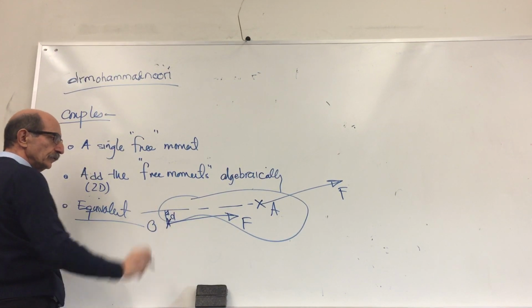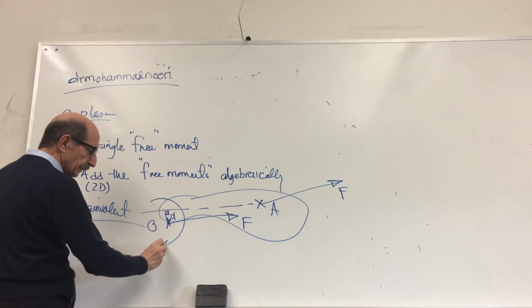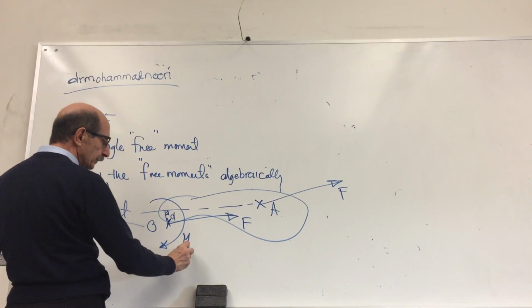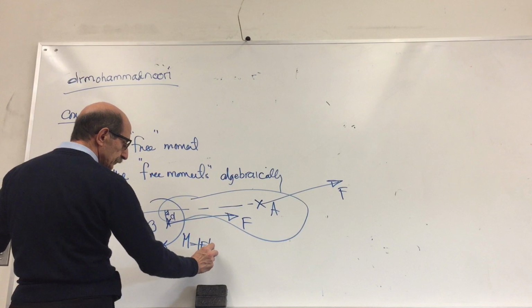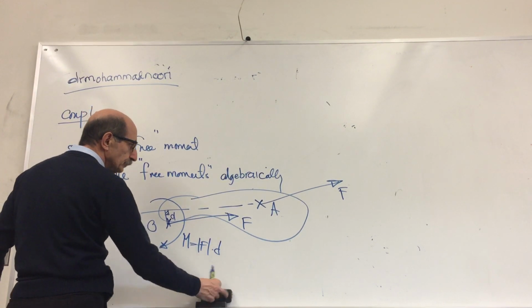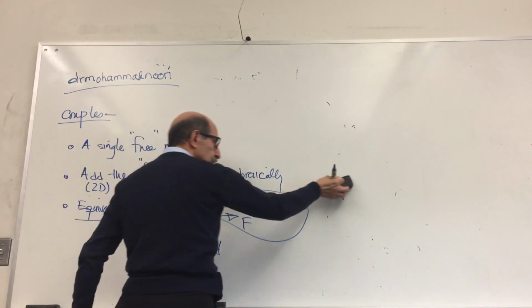So if this distance is d, you just simply add a moment, which would be F times d, and then you get rid of this force.